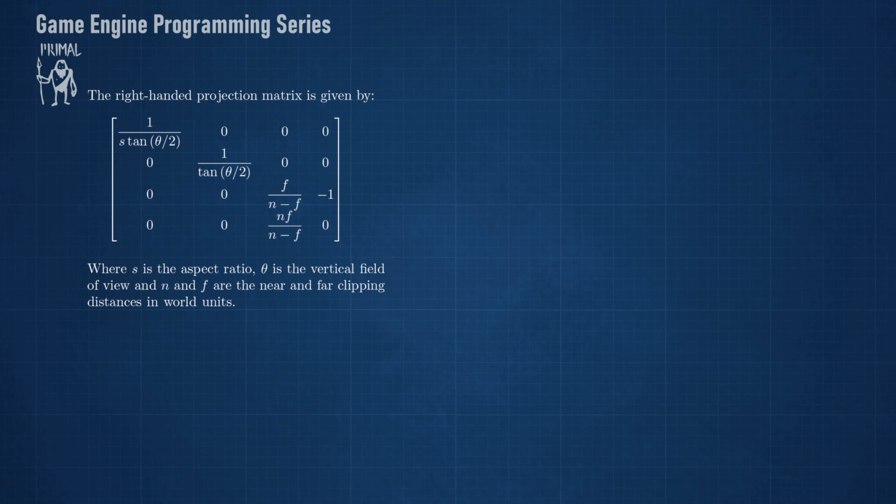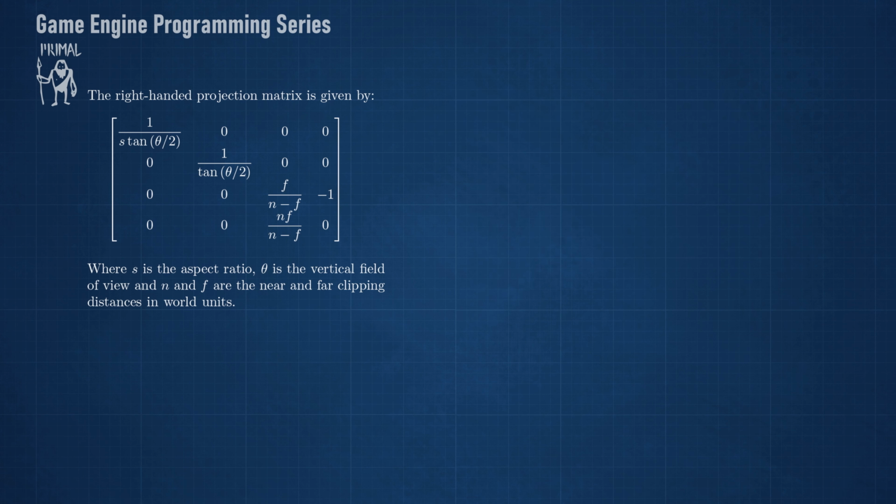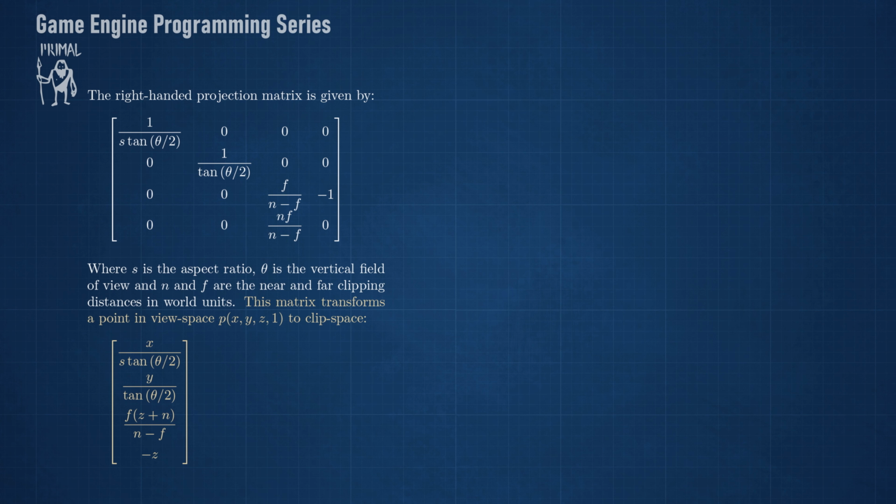Starting with a refresher of the projection matrix, which I discussed more in detail in this video. Given any point in view space, which is a space relative to the camera's coordinate system, with the camera at the origin, the projection matrix will map that point to homogeneous clip space. We see that the W component contains the negative Z coordinate of the point.